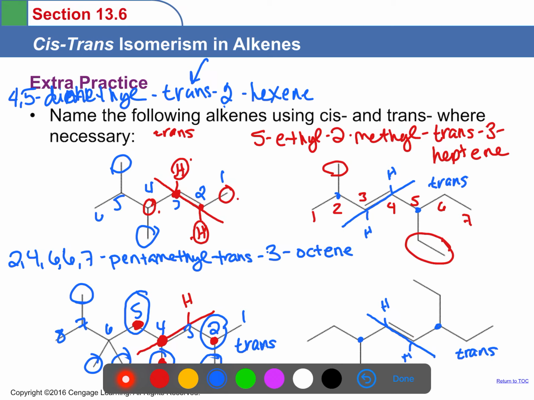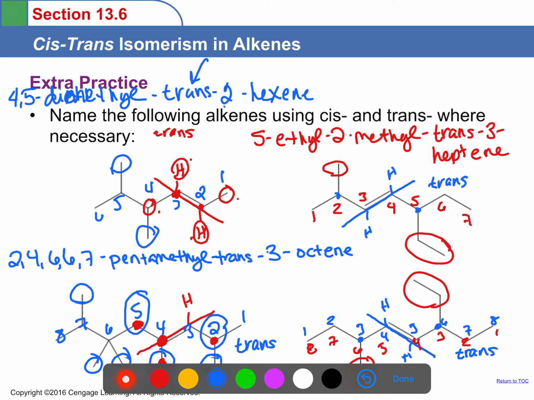Numbering, if I number from the left, double bond is on 4. If I number from the right, double bond is also on 4. So I have to look for, the next tiebreaker would be giving the groups the lowest number possible. Red gives groups on 6 and 3.